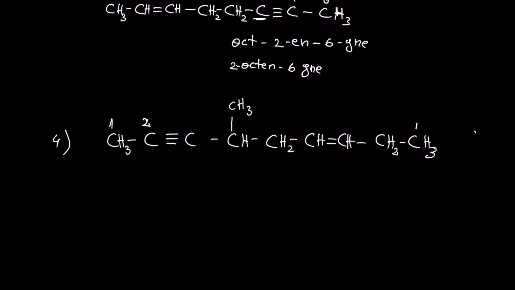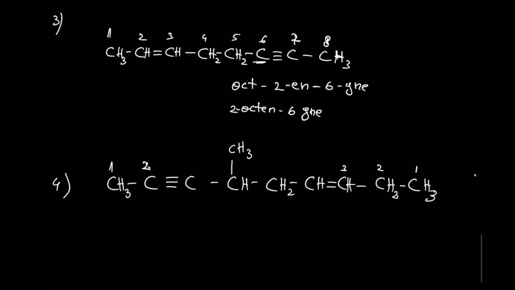If you start on the other side, 1, 2, 3, the double bond is going to have the lowest possible number. But according to IUPAC rules, the choice between the priority of the double and triple bond depends on how you can possibly give the lowest possible number to these multiple bonds.